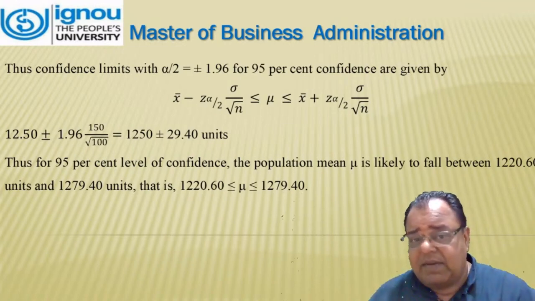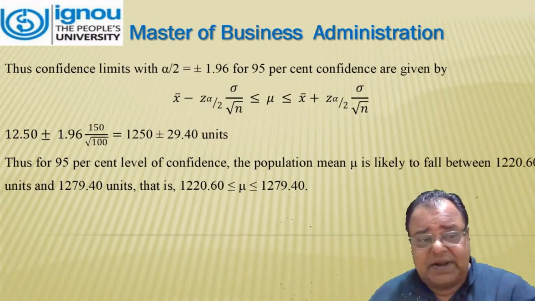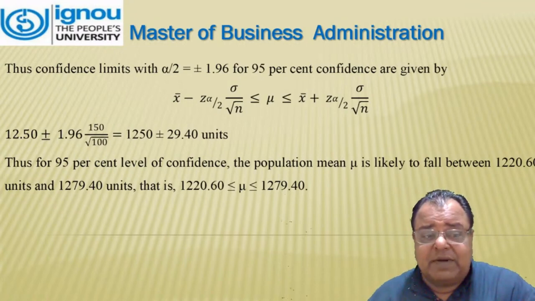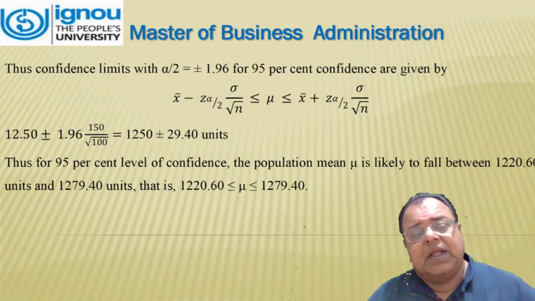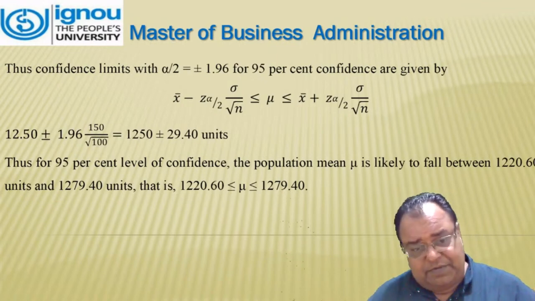Refer to my earlier problem, where I used that value 1.645. That was 90%. Here it is 95%. Your mu equals x bar plus or minus 1.96 times 150 upon under root of 100, which comes to be 1250 plus or minus 29.40.